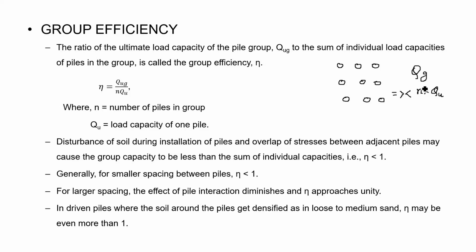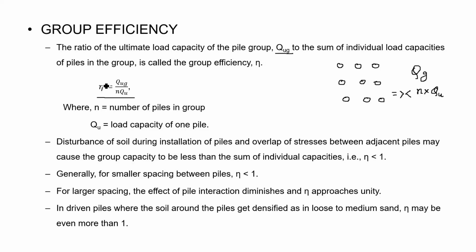So, for defining this, we have a group efficiency parameter, which is defined as the ratio of ultimate load capacity of the pile group to the sum of individual load capacities of piles in the group. Efficiency equal to Qug by n into Qu, where Qug is the group capacity of pile, n is the number of piles and Qu is the load capacity of an individual pile.